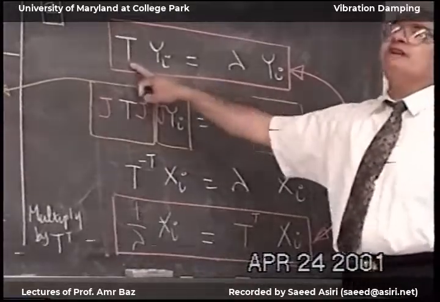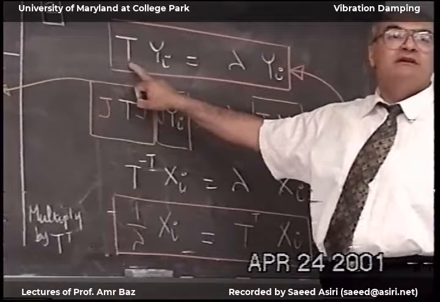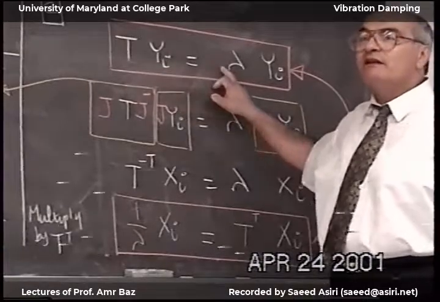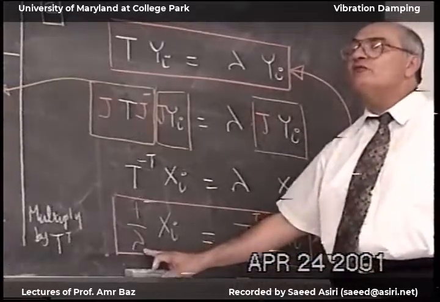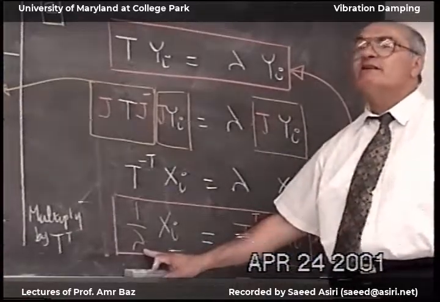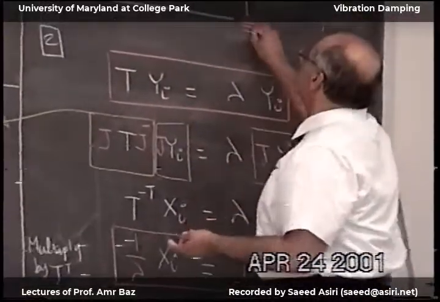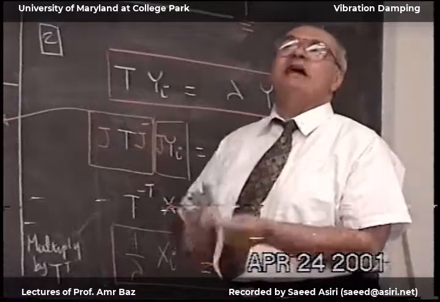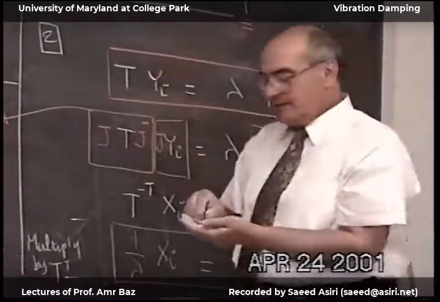If I put this T transpose, what would be the eigenvalue of T transpose? Lambda also, right? But here we have T transpose, its eigenvalue is 1 over lambda. So these matrices have eigenvalues that appear in pairs, reciprocal of each other.